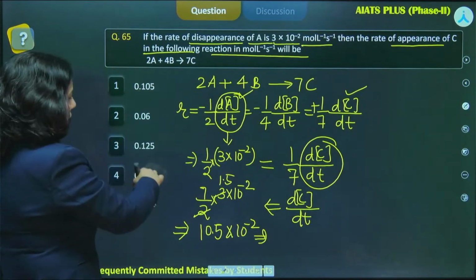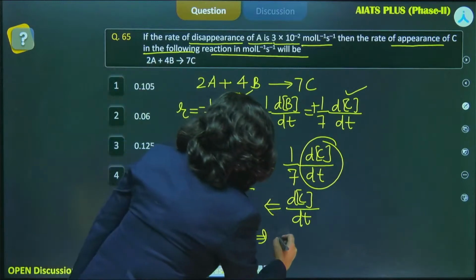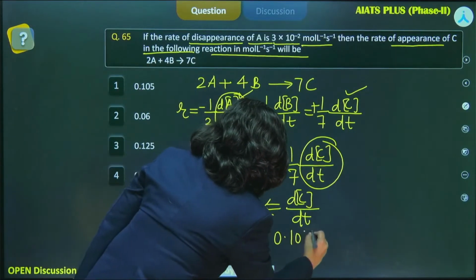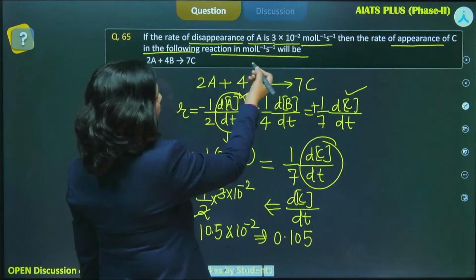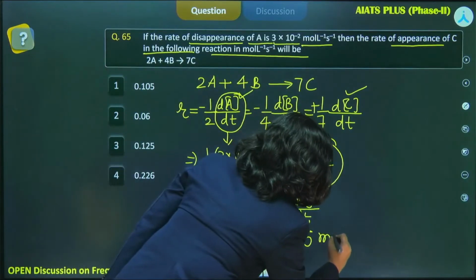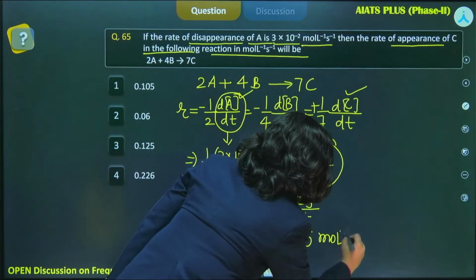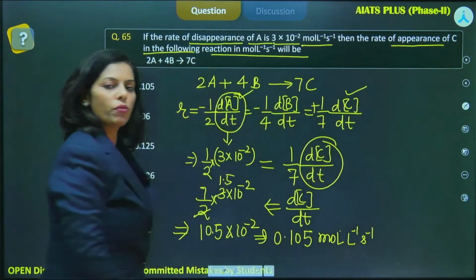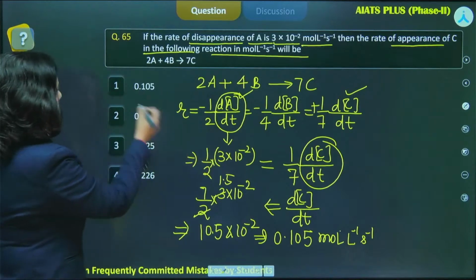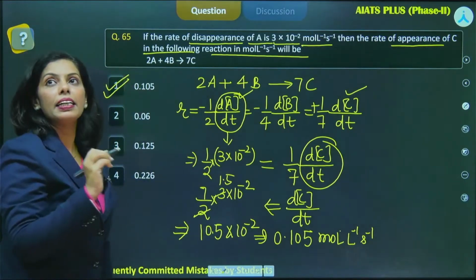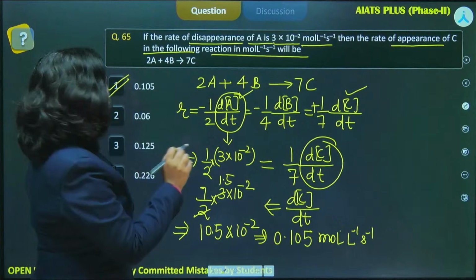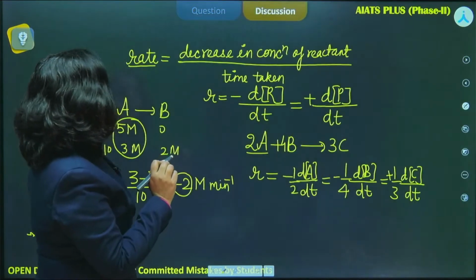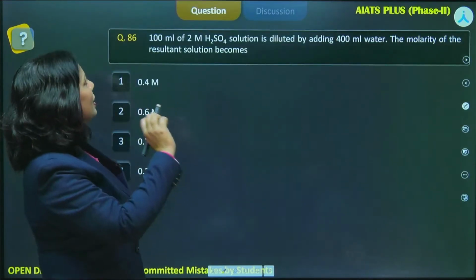So we'll go to this only. Now it becomes 0.105. The unit is mole per liter per second. Done? Final answer marked here. The first option is correctly representing it. Clear? Let's move forward with the next question.